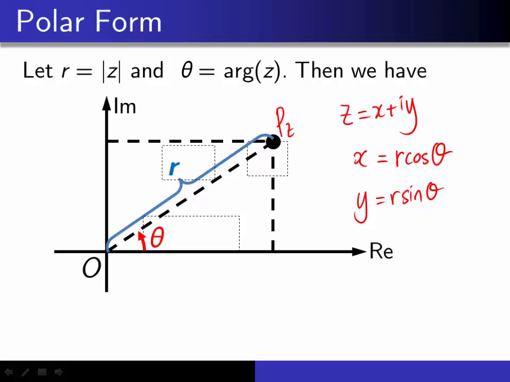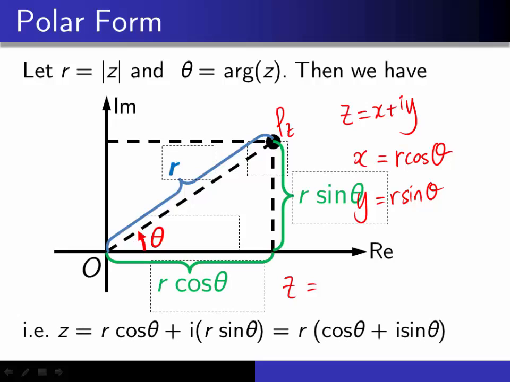So I can actually write z as this, and this is what I call the polar form of a complex number. It is more or less the same as the Cartesian form, just rewritten as r cosine theta plus i sine theta, where you can see the modulus and argument.